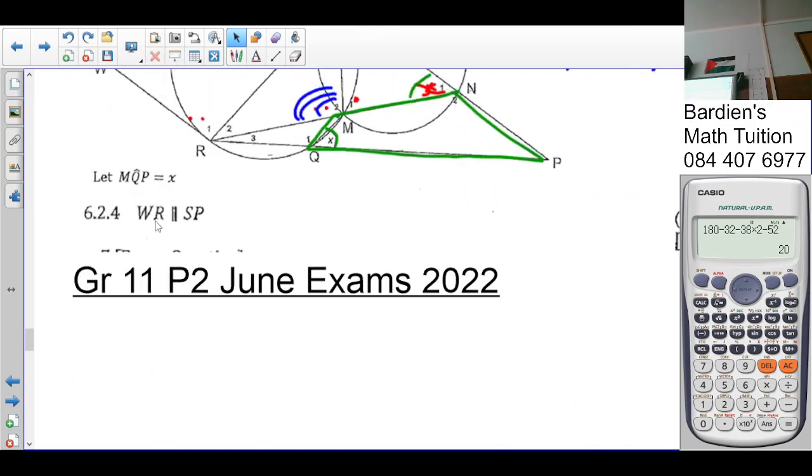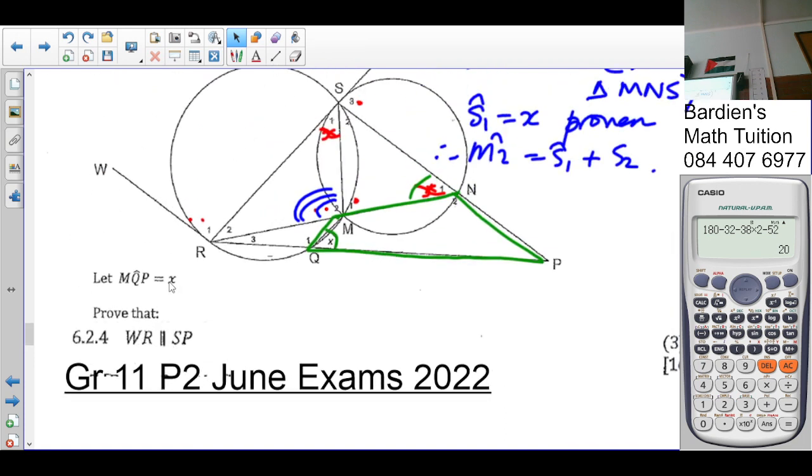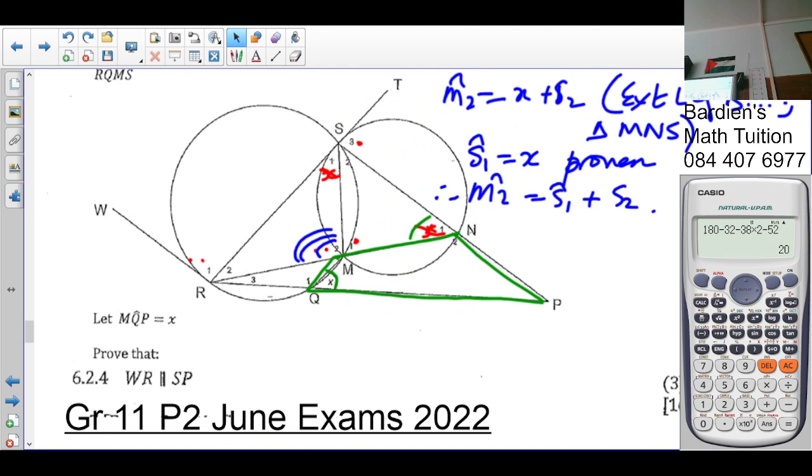The next question is to prove that WR is parallel to SP. To prove that lines are parallel is one of three things: you either prove alternate angles are equal, corresponding angles are equal, or co-interior angles are supplementary.